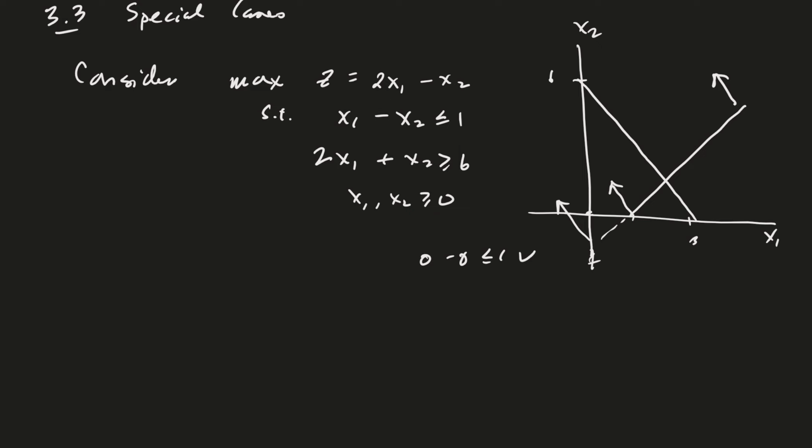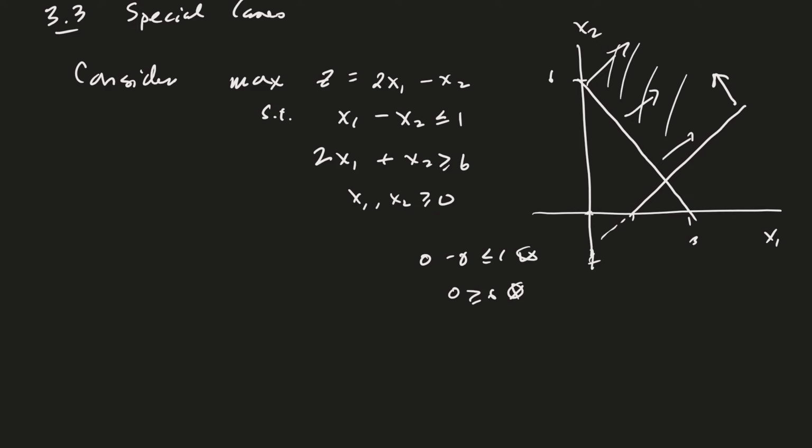If I put in (0, 0), 0 is not greater than 6, so it's on the other side. Including x1 and x2 greater than or equal to 0, my region is just this region.